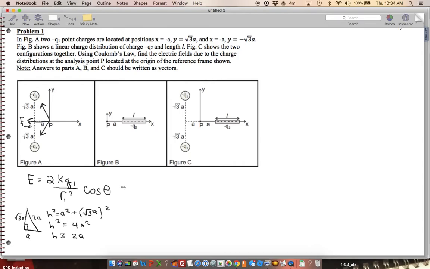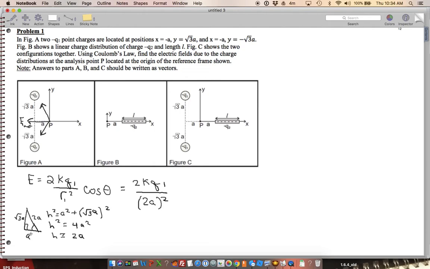Up here, then I can say this is going to be 2kQ1 over, so my r squared is the distance from here to here, so that's going to be 2a squared. And then cosine theta, here's my angle. Cosine theta is adjacent over hypotenuse.